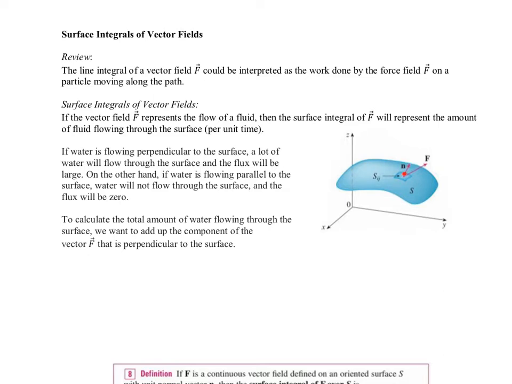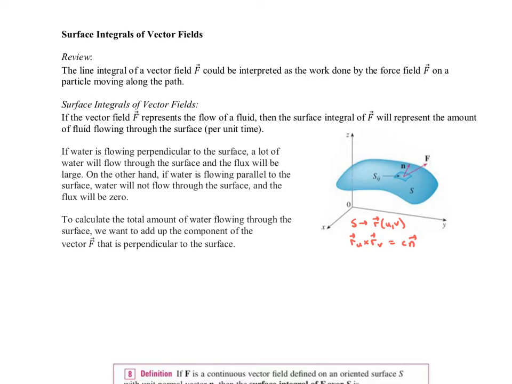If the surface is r of u, v, then taking r sub u cross r sub v, these partial derivatives, gives not necessarily n, because n is a unit vector, but some scalar multiple of it, say c times n, which might not be 1 unit in length.